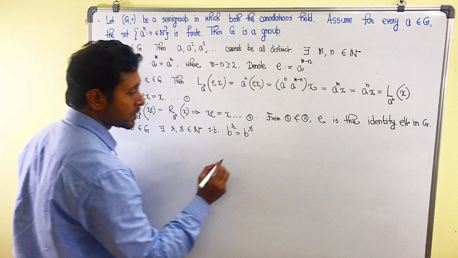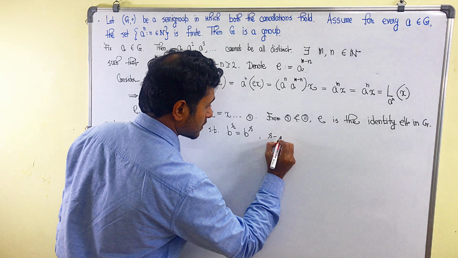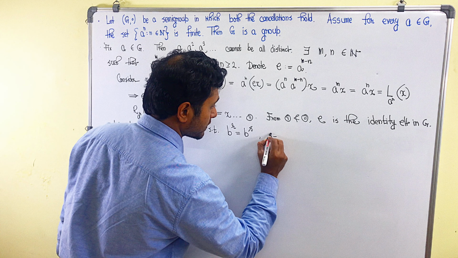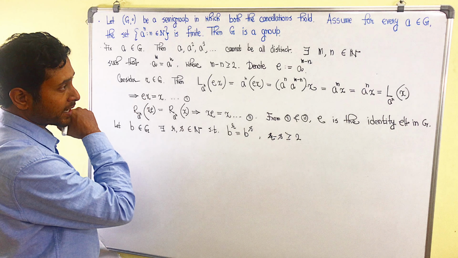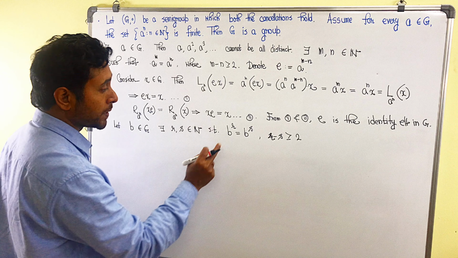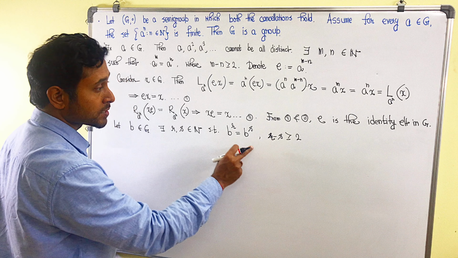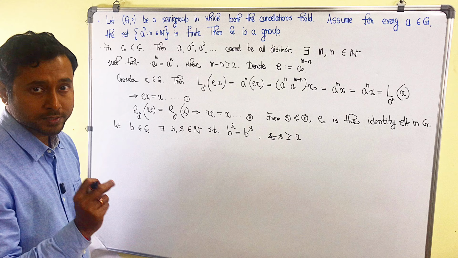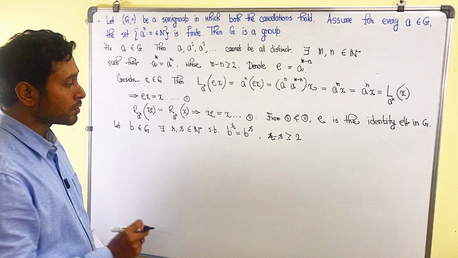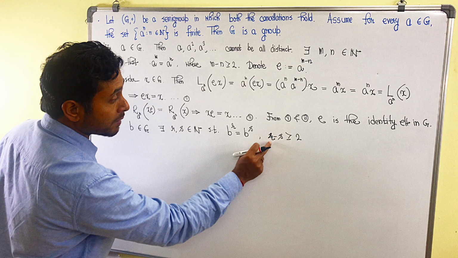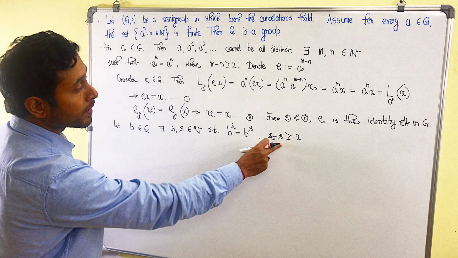Also the distance between r and s, let's say r minus s, is at least 2. And by a similar argument, we could have proved that b to the power r minus s is also an identity element for this semigroup. But we know once the identity element exists, it exists uniquely, and therefore this element b to the power r minus s must be equal to this identity element E.